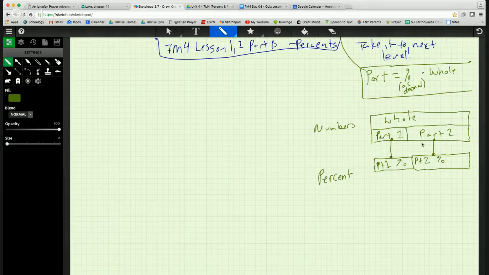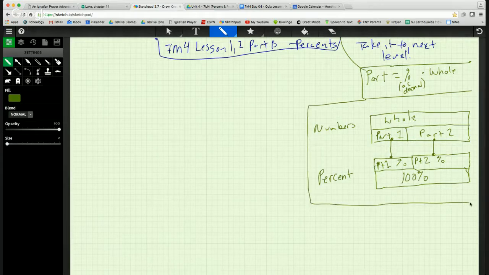We're going to get a part equals percent times whole for both of these. And the percents will add up to 100%. So this is the thing that we know: the percentages always add to 100, but the things in part 1 and part 2 will always add to the whole, though it won't necessarily be 100. So let's watch how this works.